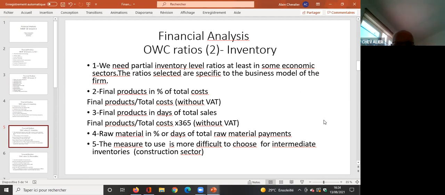The first one is what you buy outside. It means mainly raw material, or some services, but mainly raw material if you produce and sell. The second one is the final products. Third one, it's more complex. It's what's happened between the raw material and the final product.